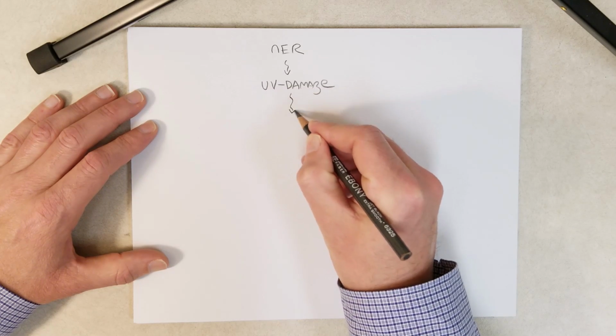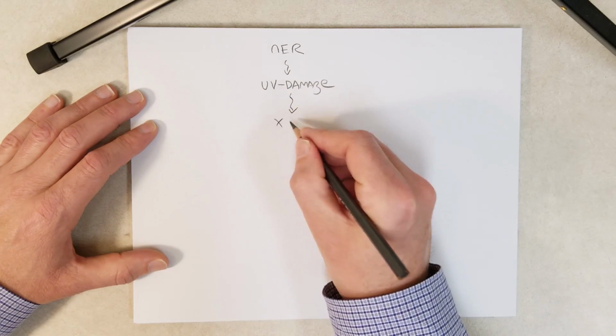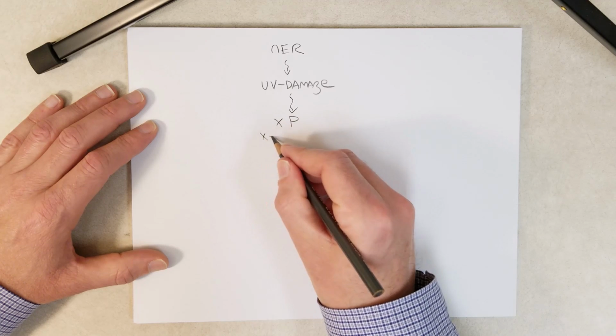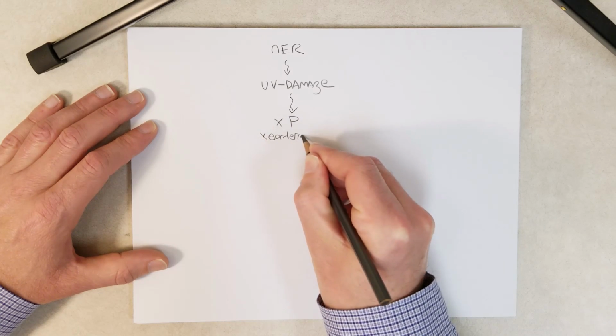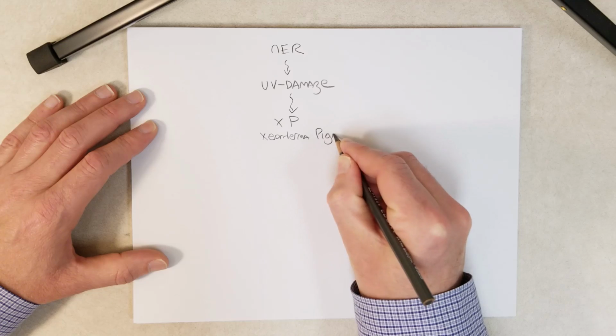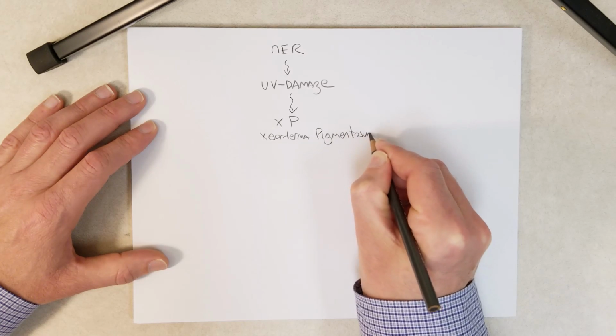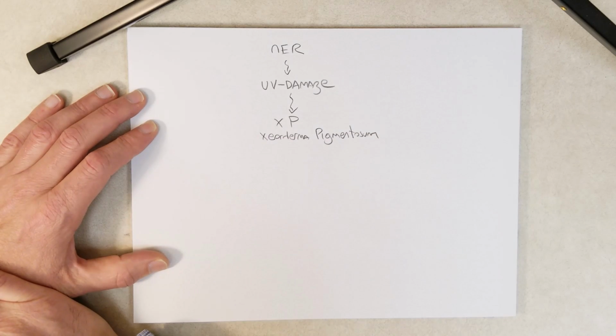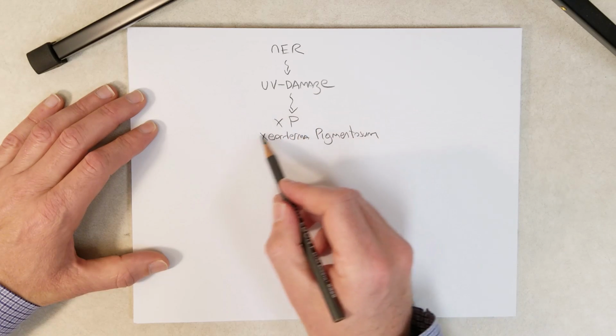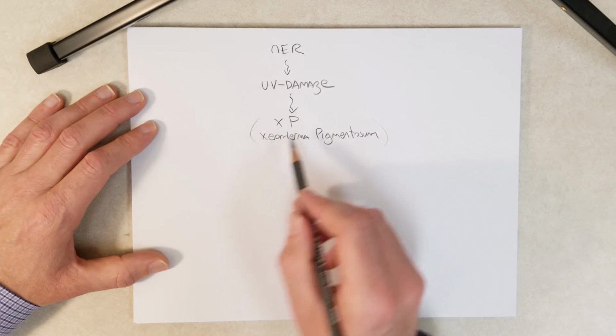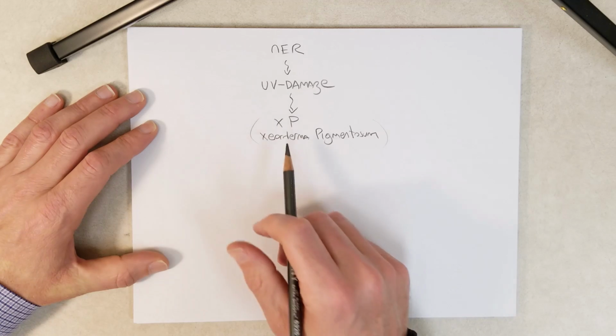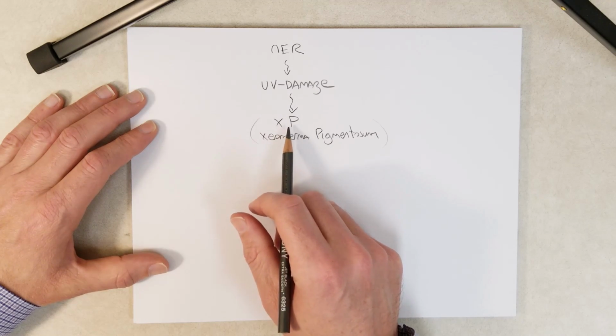So why do we know it's so important? Well, there are people with a disorder called xeroderma pigmentosum. And if you took genetics with me, we talked a lot about this disease, the complementation groups associated with this genetic disorder. These individuals really can't go in the sun at all, and they have really high rates of skin cancer.